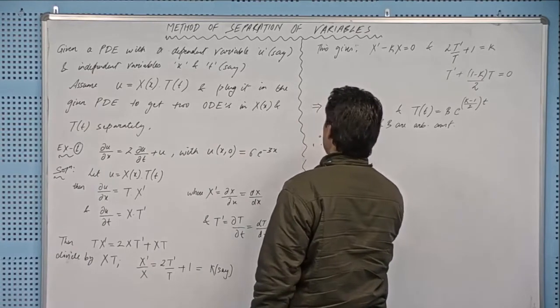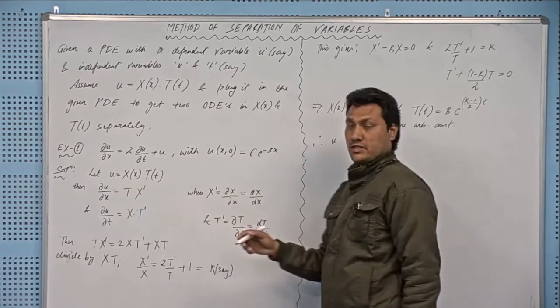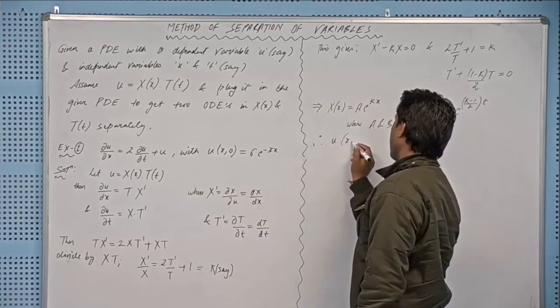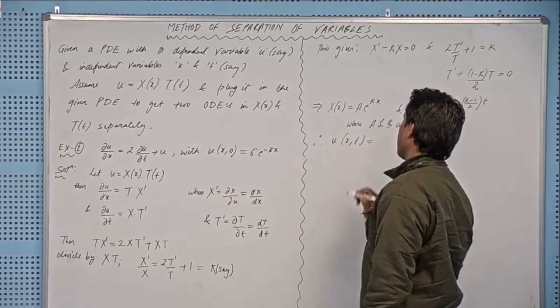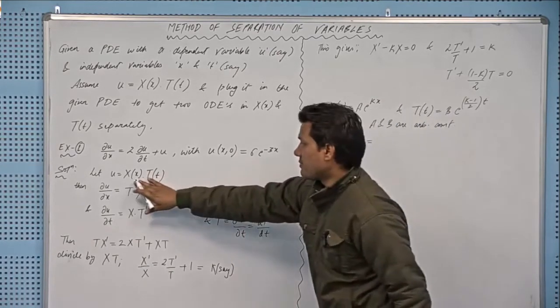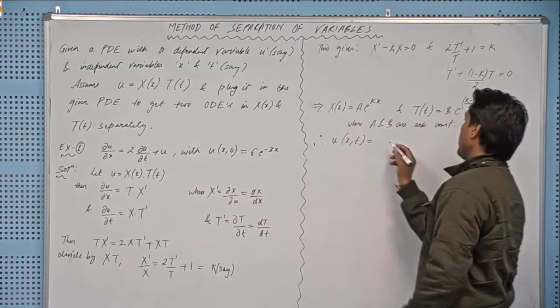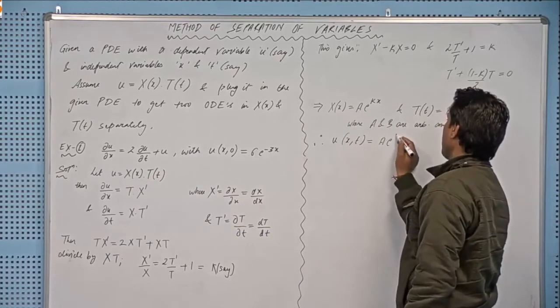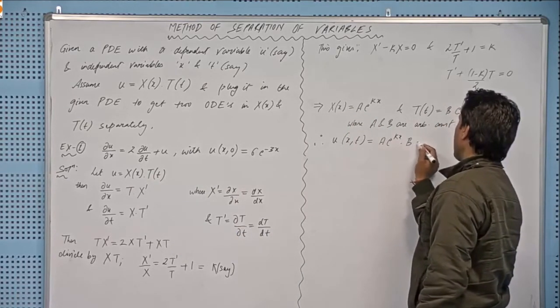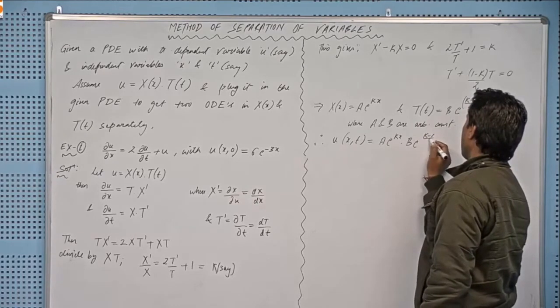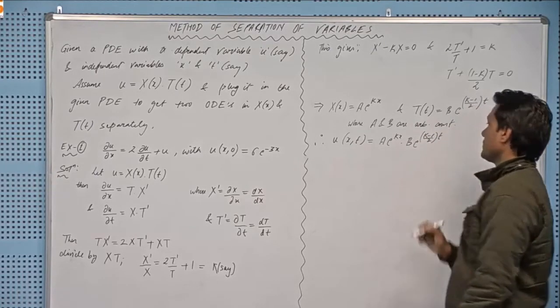Therefore U, now U is a function of x and t, remember that, so you should write it precisely. U as a function of x and t is capital X times capital T, so put the values here: capital A e to the power kx multiplied by capital B e to the power (k minus 1 by 2) t, right?